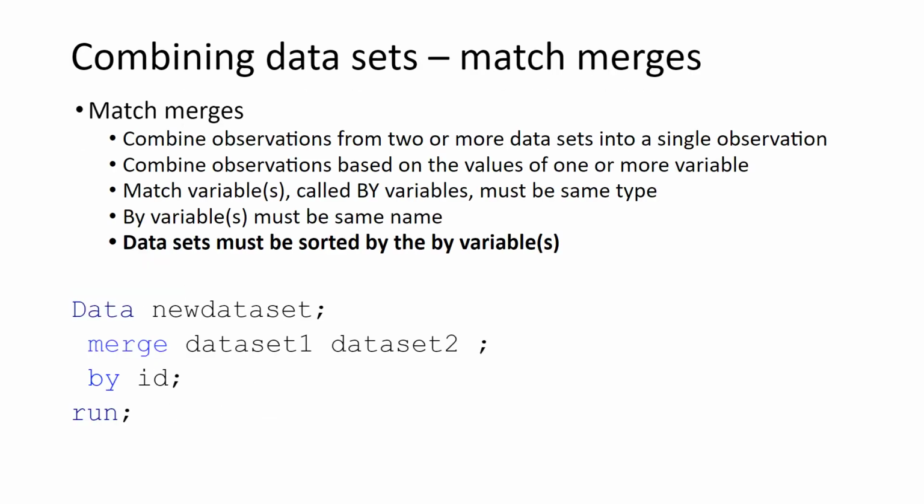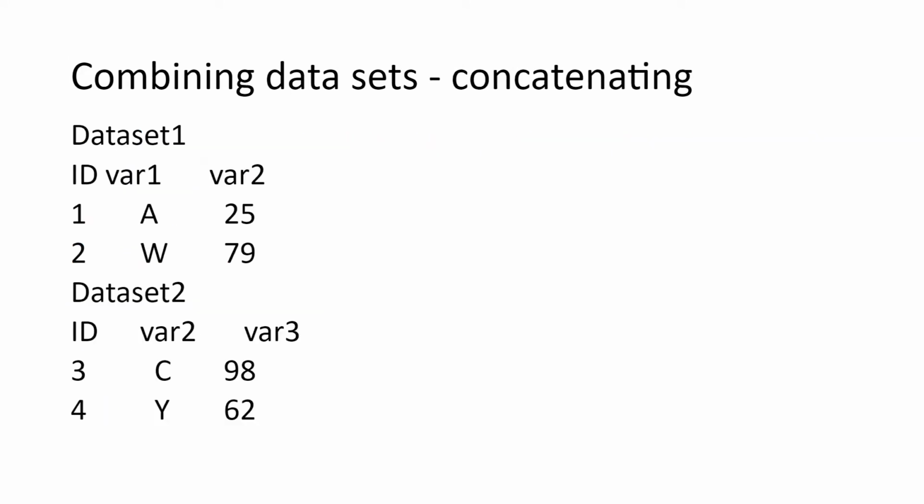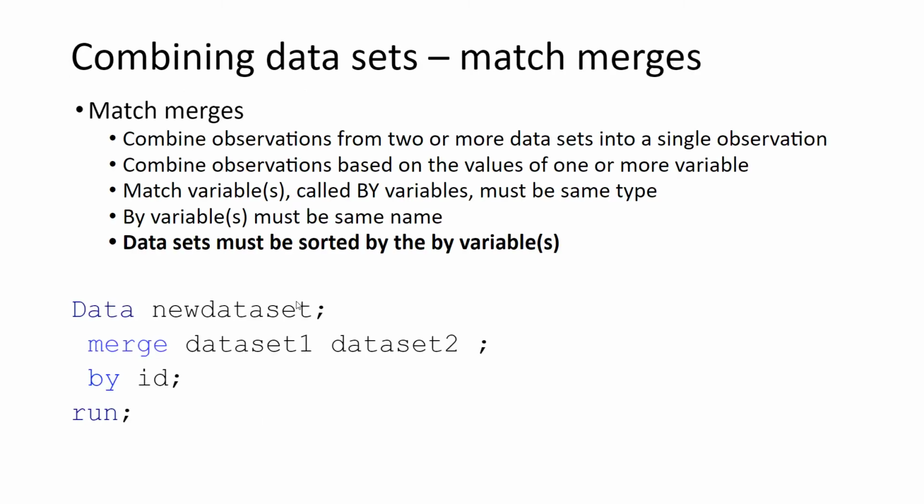In this case, you combine these two data sets. One has var1, var2. This one has var2 and var3. So var2, in both data sets, is of a different type. In the first data set, it's numeric. In the second data set it's character. So you'll get an error when trying to combine those two data sets.